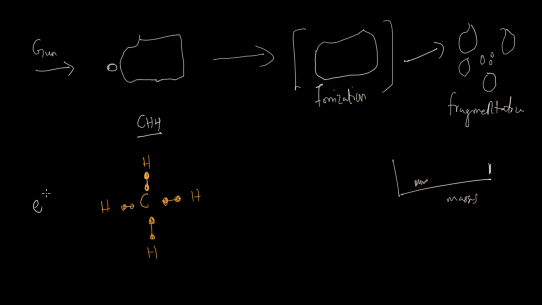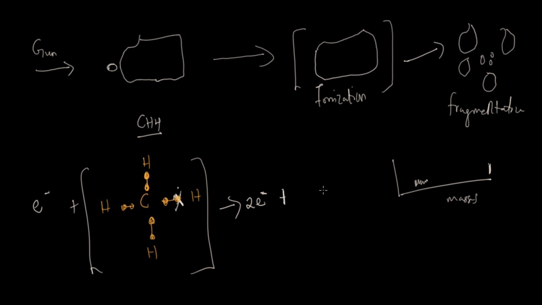When you bombard the methane molecule with a high energy electron, the first thing that happens is that this high energy electron knocks off an electron. It can be from here, from here, or any point. So it knocks off an electron here. Therefore we have 2e negative, plus we are left with this.